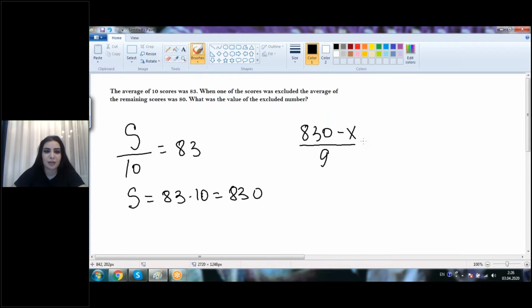And the average will be 80. So from here, 830 minus X will be 720, and X equals 110.